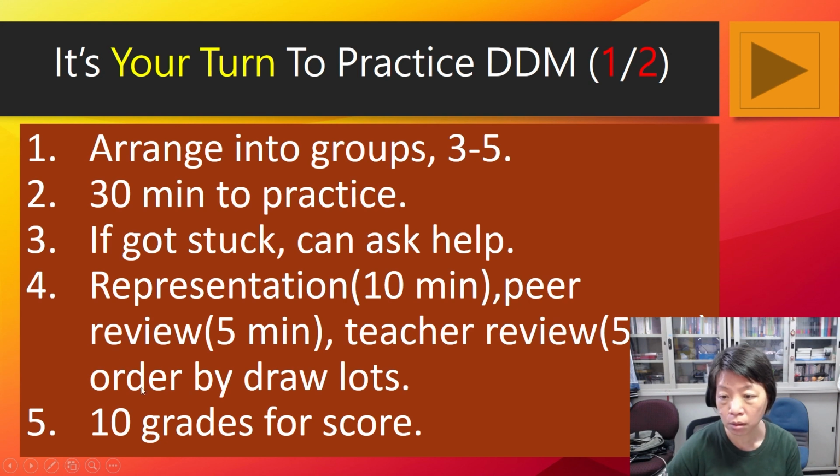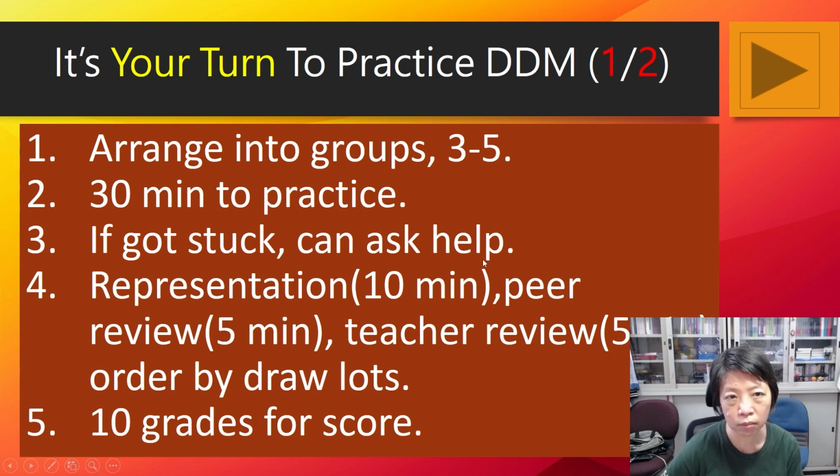Fourth, there will be a group presentation, peer review, and teacher review, and the order will be designed by a random tool. And finally, 10 grades for score. Please practice it well. And remember, whenever you get stuck, I'll be by your side all the time. So don't be afraid, okay?